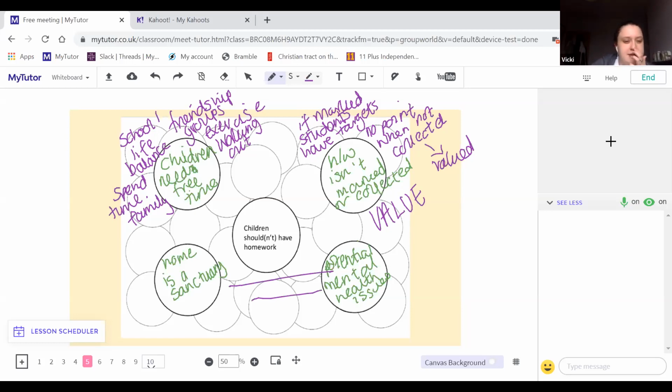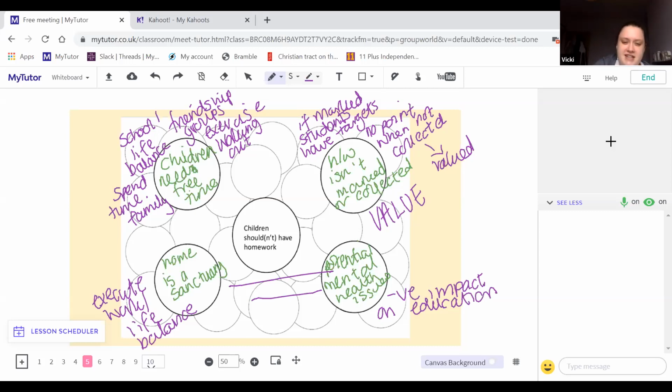So home being a sanctuary. So I suppose being able to execute work-life balance, or school-life balance rather, but you know what I mean. Potential mental health issues, so that's going to have a negative impact on education.